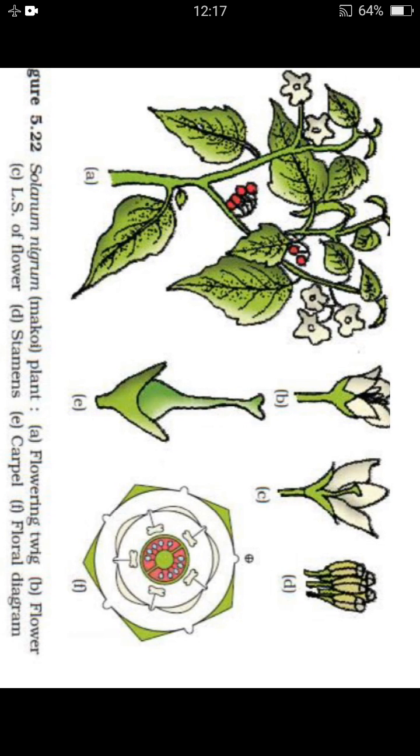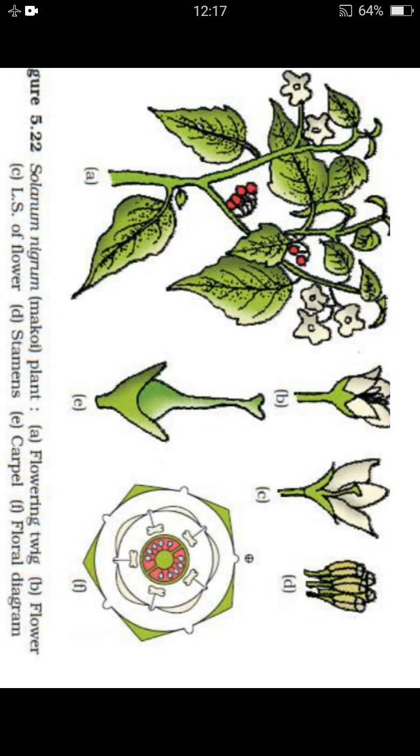What is meant by cymose inflorescence? In cymose inflorescence, we see one important specific characteristic. New flowers are present at the base region, and old flowers are present at the apex region or top region. Understood?